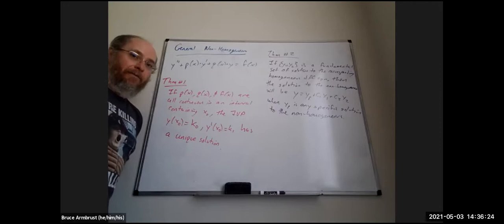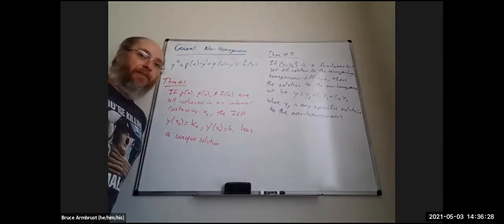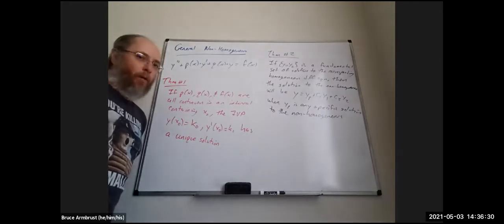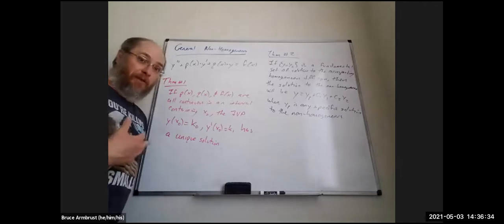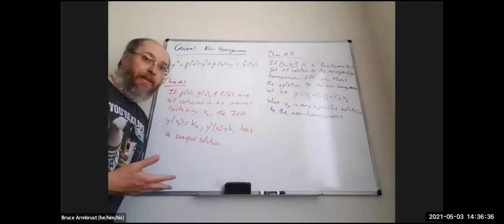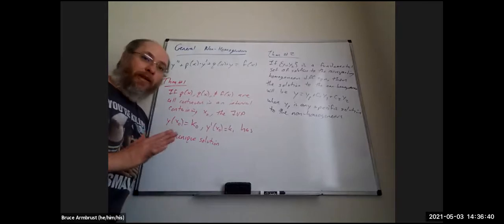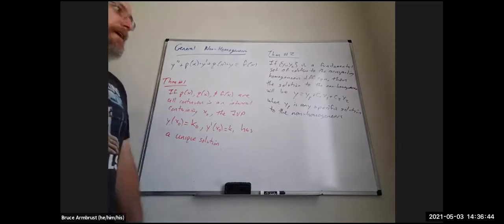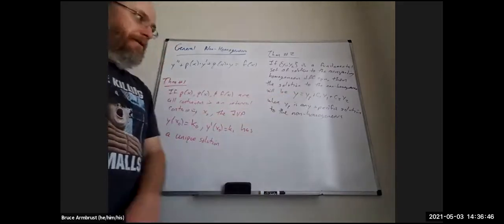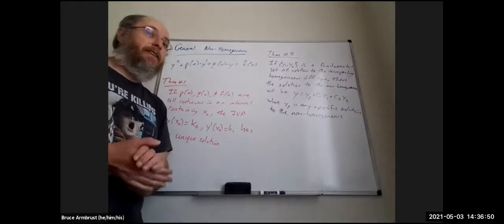Okay, so let's break this down. Again, y1 and y2 are solutions to the homogeneous, which are going to be easier to find. Think about what we've just been doing with creating the polynomial, finding the roots and all that. We are finding solutions to the homogeneous. So you have to find a fundamental set to the homogeneous. And then we need yp, which is going to be a specific solution to the non-homogeneous.